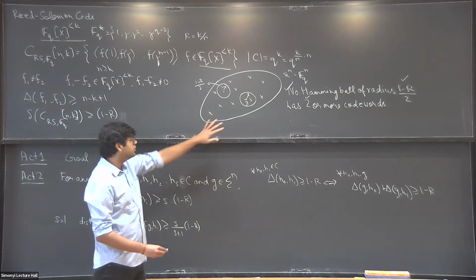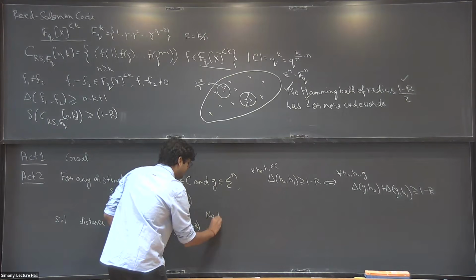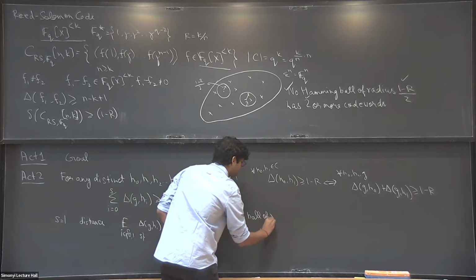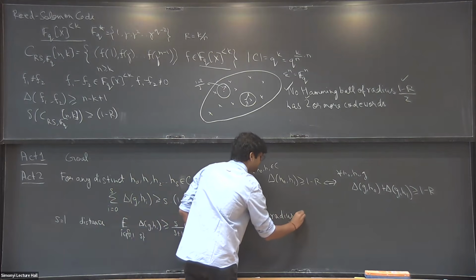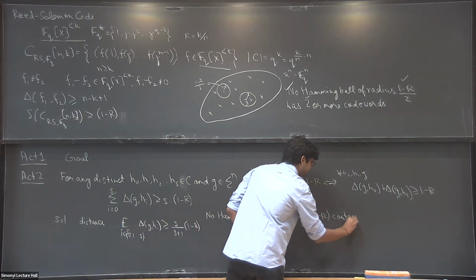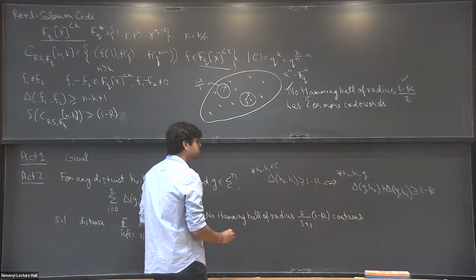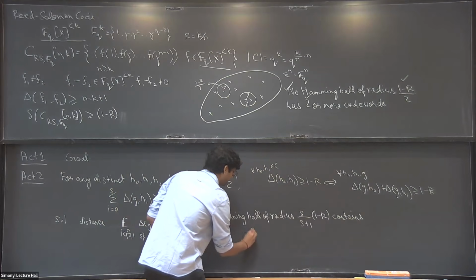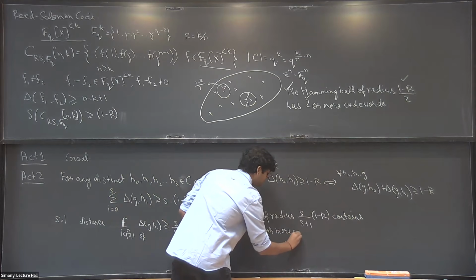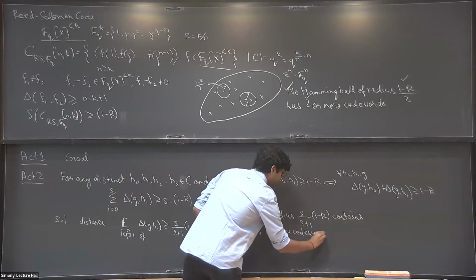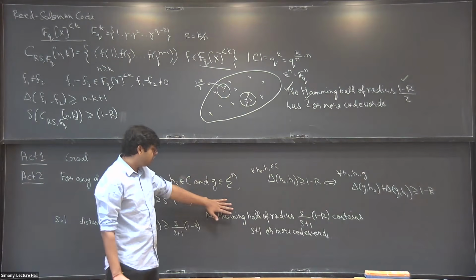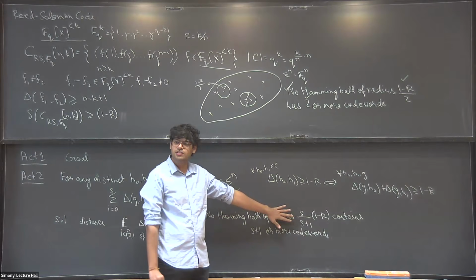So what this will allow me to conclude is that there is no Hamming ball of radius... My radius has increased now, which is what I wanted to do.